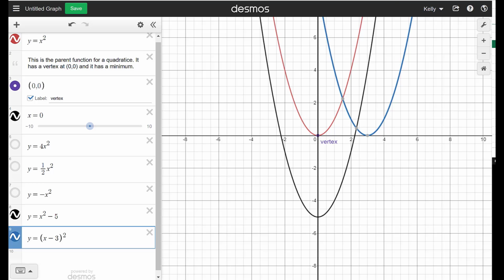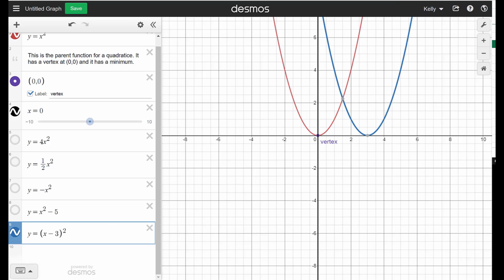That's part E. So for part F, I'm going to mute this vertical equation right now. And we're going to talk a little bit more about this horizontal translation.